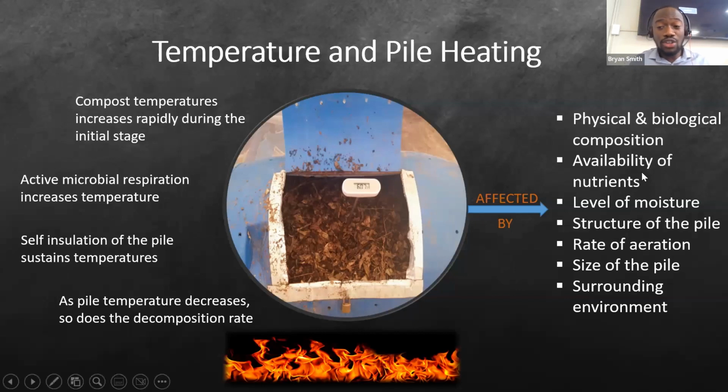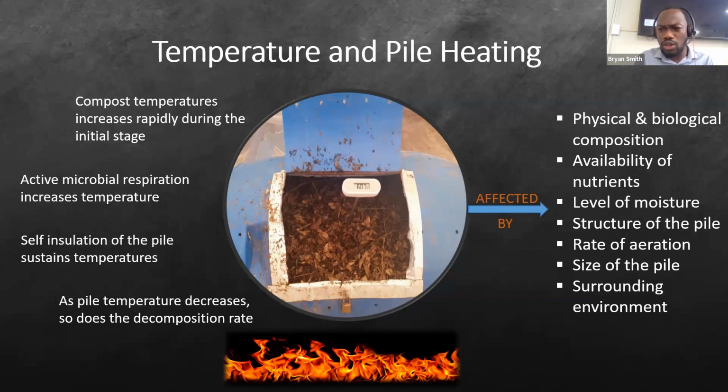And so temperature is affected by the physical and biological composition of the compost. So the shape of the material, the biology of the material, the availability of nutrients. We speak about carbon and nitrogen, the level of moisture, the structure of the pile. And when we say the structure of the pile, we're speaking about the bulk density and the particle size. Because you see, if the particle size is smaller, it means that the microbes can act on it. Just think about when you're eating something or giving something to a baby.